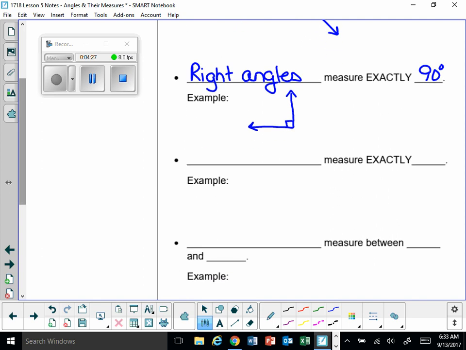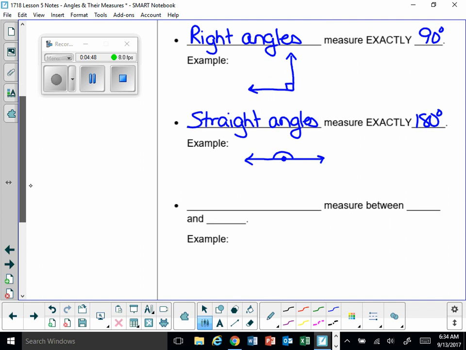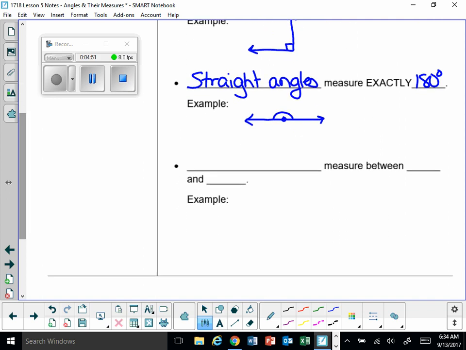You may or may not have learned this one in middle school, straight angles. They measure exactly 180 degrees. Straight angles look like a line. To tell the difference, we usually put a point and a little arc on it. Not always, but usually. And finally, one that is probably new is the reflex angle, which measures between 180 degrees and 360 degrees.